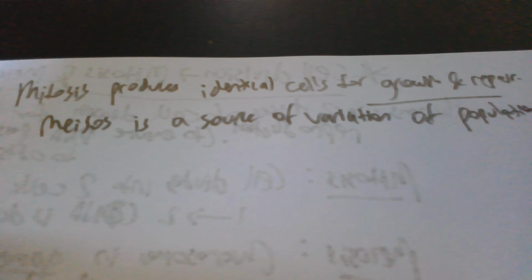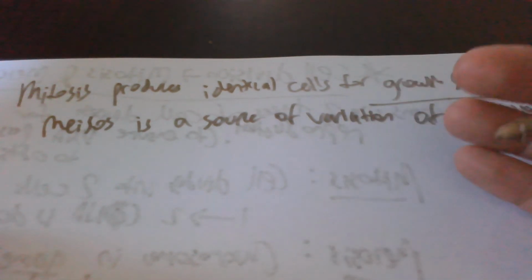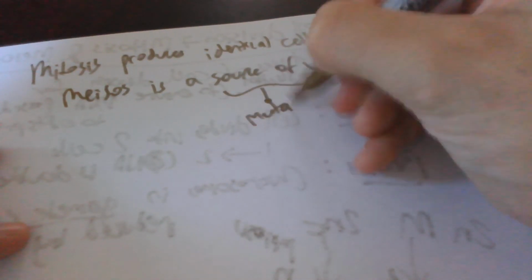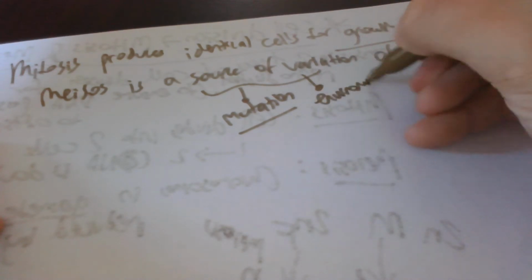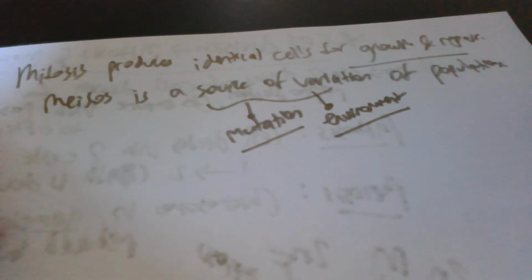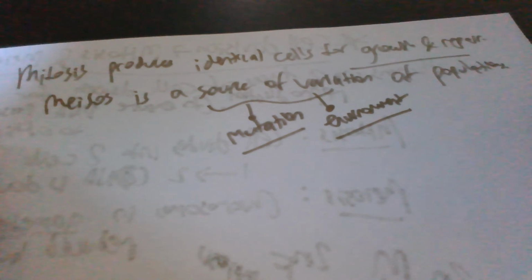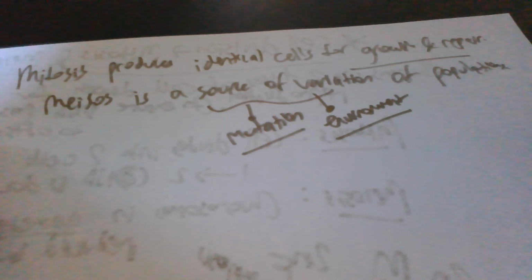We don't see the same people everywhere. That's what it means, okay? Other sources of variation are mutations and environment, remember? So think of Spider-Man, mutation, and the environment can have an effect on variation, okay? So temperature, say, cold or hot.